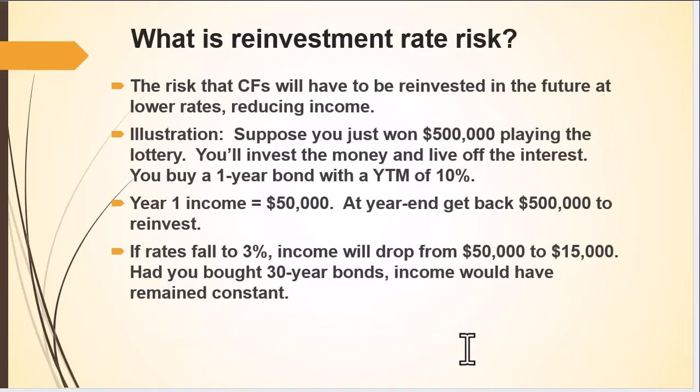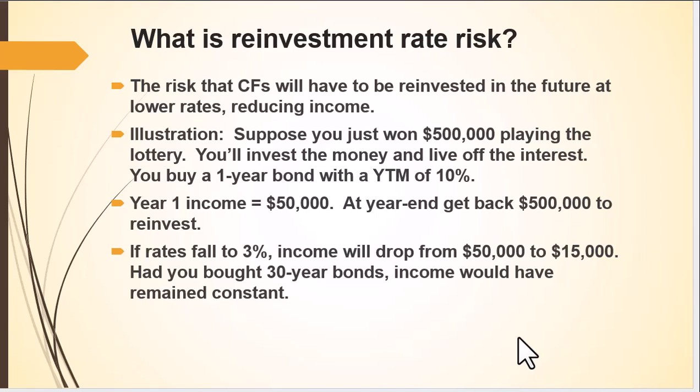So what is reinvestment risk? Well, think about this. If you won $500,000 in a lottery, you want to invest that money and live off the interest. If you buy a 1-year bond with a yield to maturity of 10%, in year one, you'd get $50,000. So at the end of the year, you get back your $500,000 to reinvest. What if interest rates now fall to 3%?